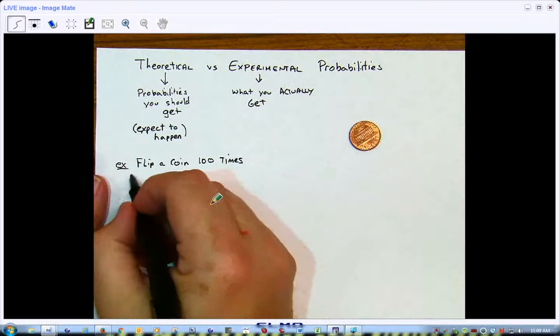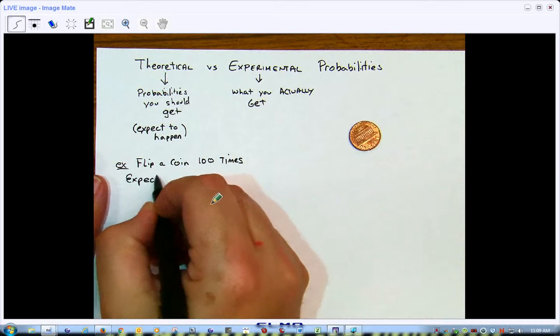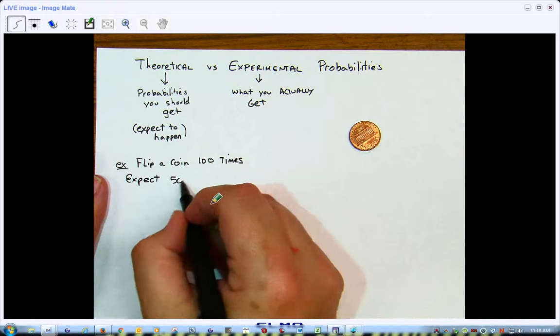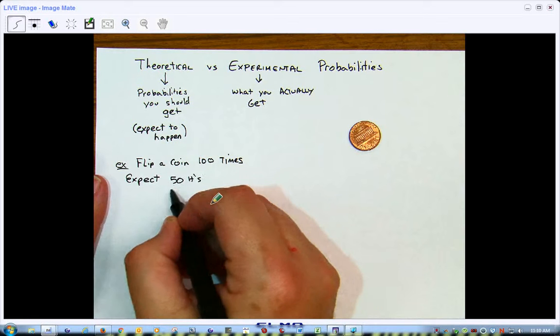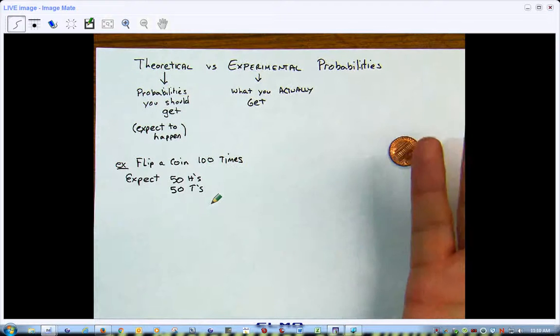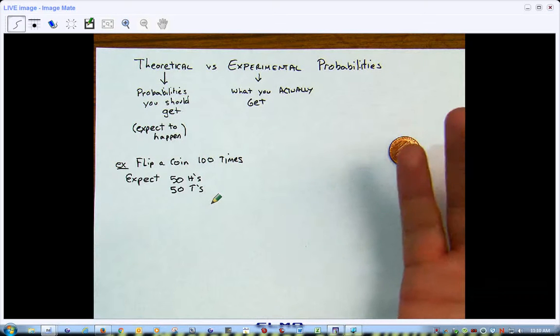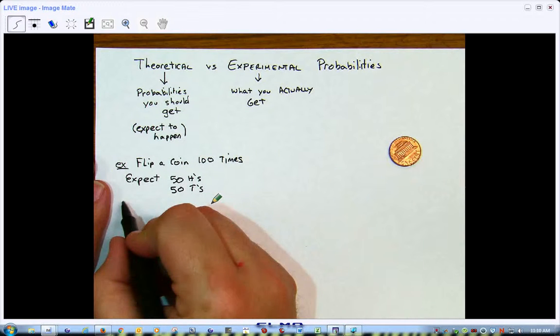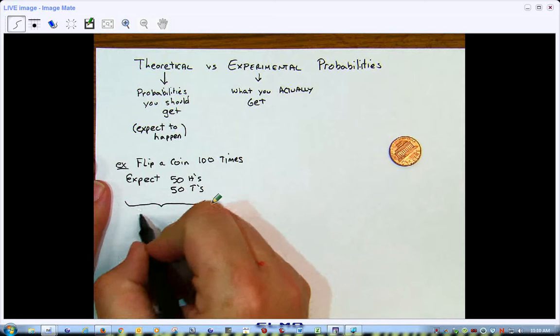What do you expect? Yeah, 50 heads, 50 tails. Is that what you're going to get? Not necessarily. So this is what we call theoretical.